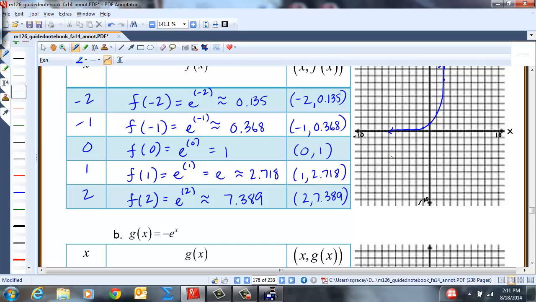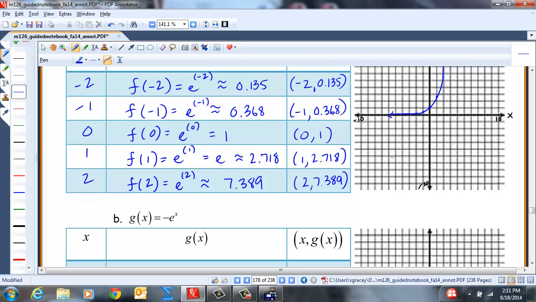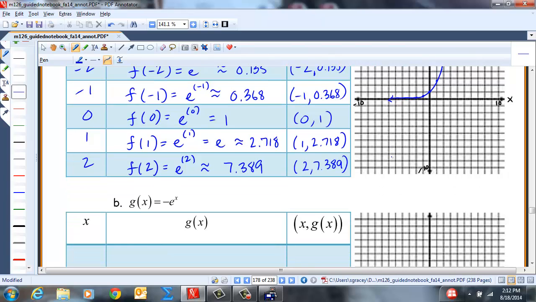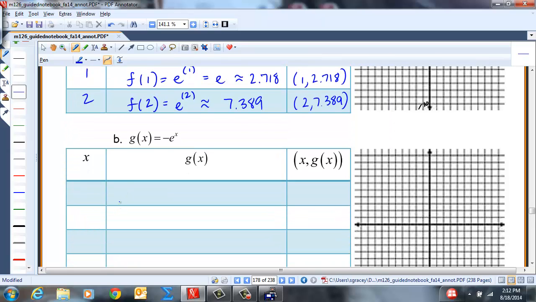Okay, again, what is this graph going to look like? Every value we got for the y values that was positive will be negative. Do you see that? The other way to think about this is to use transformations.